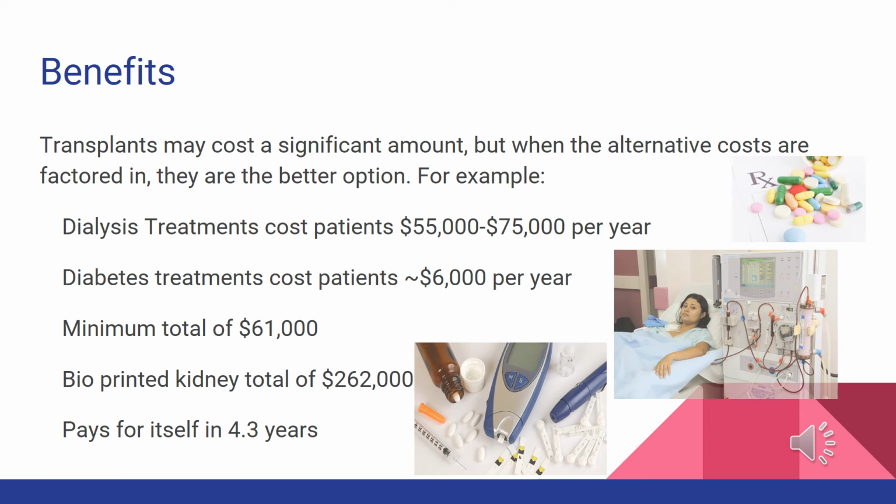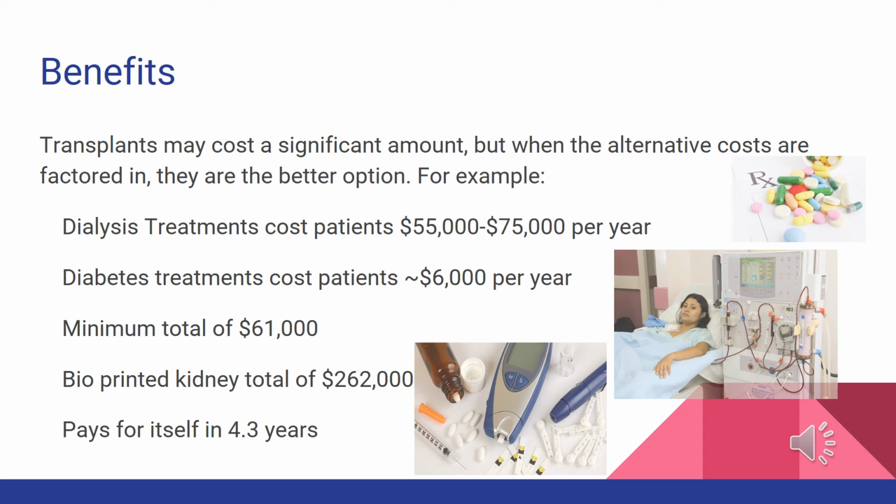Although the bioprint may cost a lot up front, there's definitely benefits to paying for it. Transplants may cost a significant amount, but the alternative costs are factored in. They are a better option. Just for an example, if you have diabetes or other diseases, dialysis treatment costs about $55,000 to $75,000 a year, and treatment alone with all of the medicine and all of the technology you need to treat your diabetes and monitor it can cost around $6,000 per year.